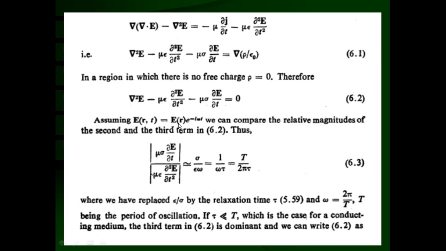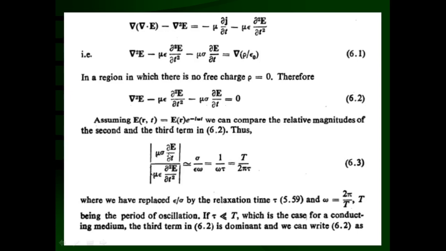E(r) is a constant, so for e^(−iωt), if you differentiate the first time, you get −iω, that means −iω E(r,t) is the first derivative, and i²ω² is the second order differentiation, which we can substitute in our equation.